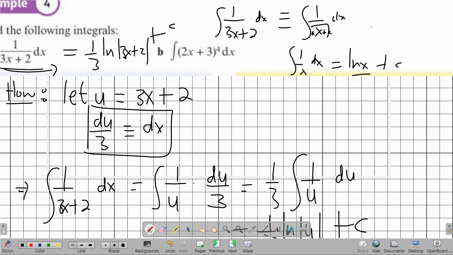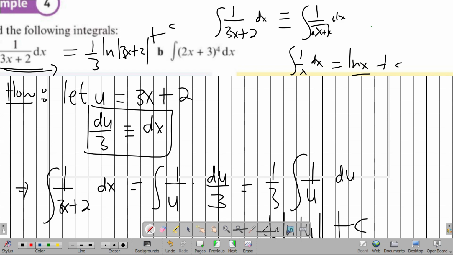So we know that already. By just looking at it, I know that the derivative of 3x + 2 is 3. So it's going to be 1 over 3 natural log of 3x + 2 plus c. But you can justify it beautifully by going through the standard integrals, substitution method.